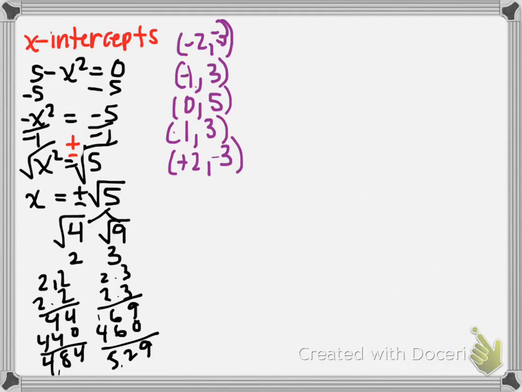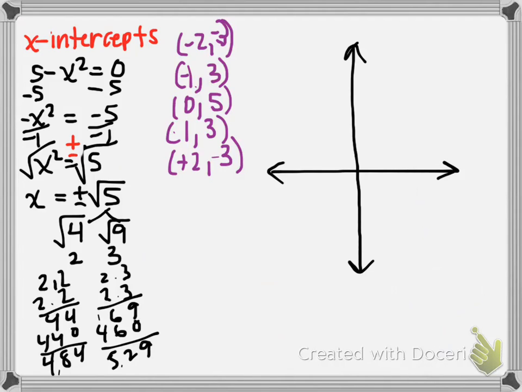So let's see, my y's go in both directions, and my x's are pretty evenly spaced out. I go a little higher on the y-axis. Okay, so in red, we'll get our dots.